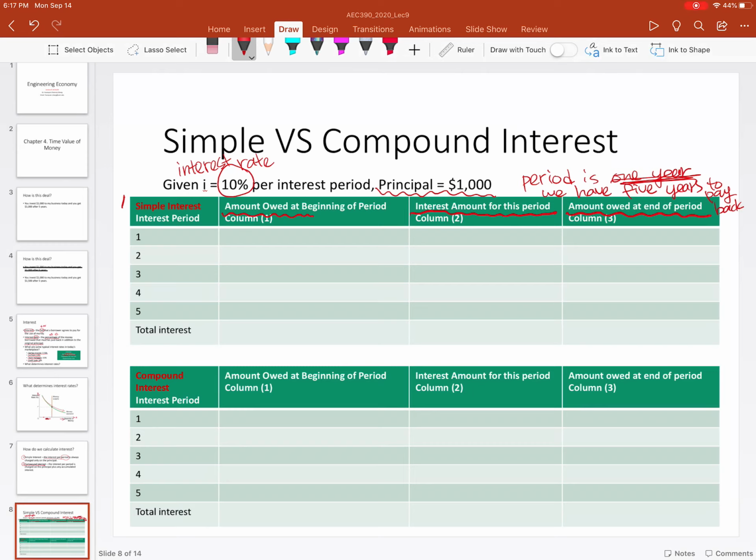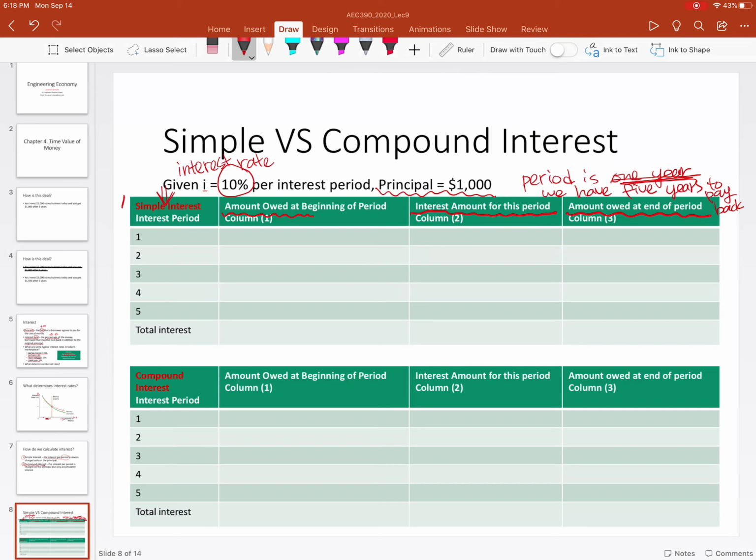Alright, now let's calculate the numbers in this form. The first column is the interest period, and we said every year is a period. So after 5 years, how many periods will we have? We will have 5, right?